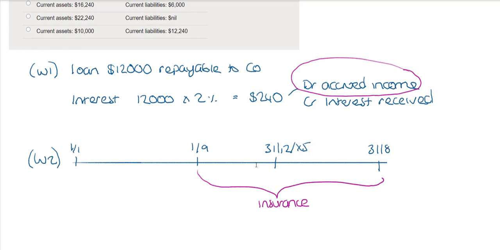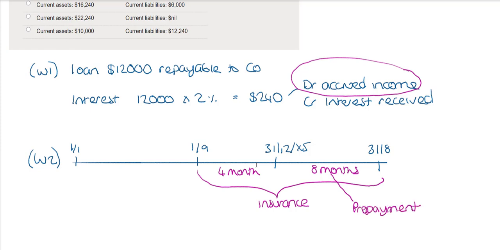From the 1st of September to the end of December is 4 months, and then after the year end from the 1st of January to the end of August is the remaining 8 months. This expense has been paid and 8 months of this expense belongs to the next year, in which case we have a prepayment.